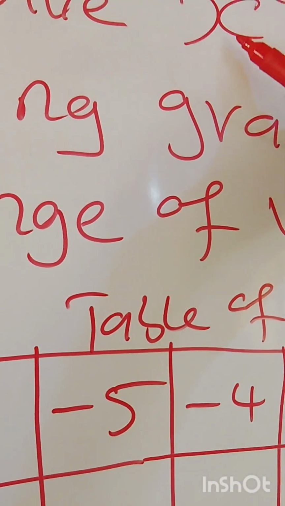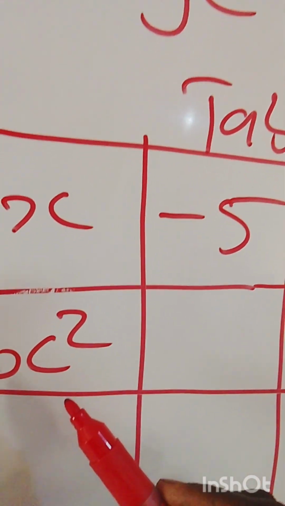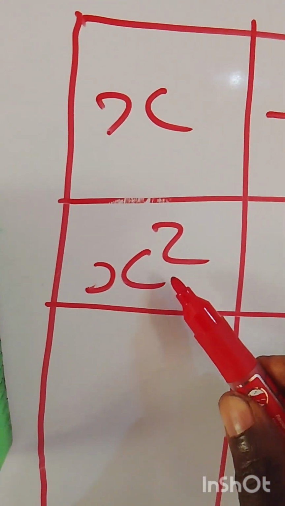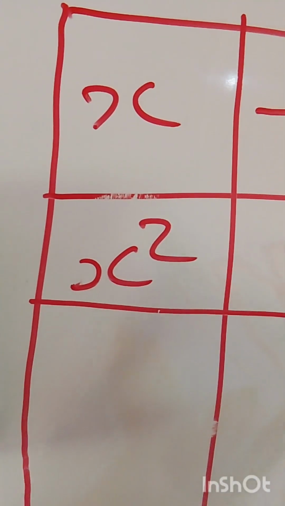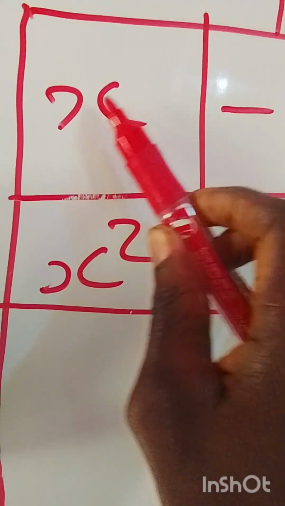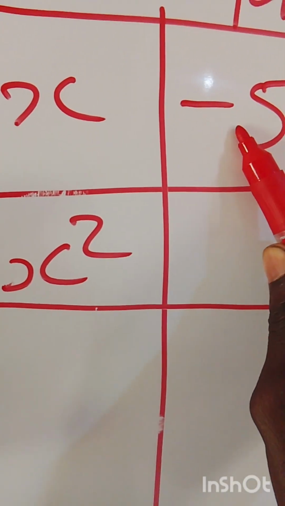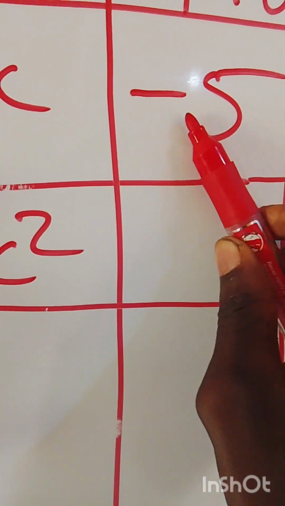Now, we are filling the column for this x square. Here, we are going to square the x. How will you square the x? See the x here. You will multiply each of these numbers by itself.